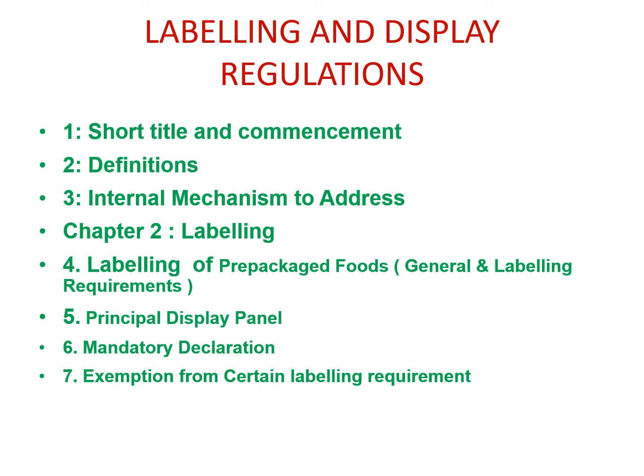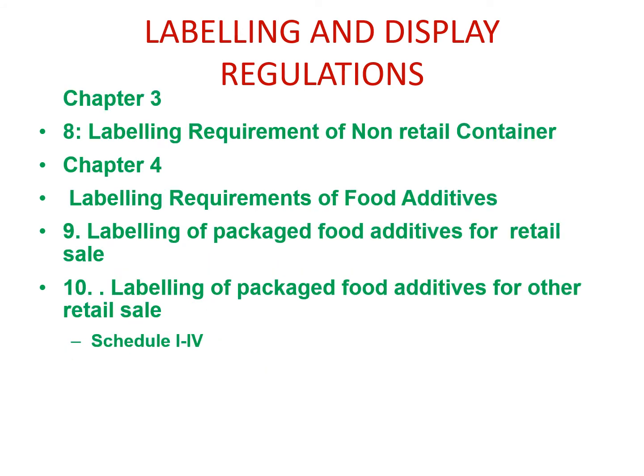They share definitions in the first chapter. Chapter 2 is about labeling of prepackaged food, the principal display panel, mandatory declaration, exemption from certain labeling requirements, labeling requirement of non-retail containers, labeling requirement of food additives, then retail sale, and schedules 1 to 4.